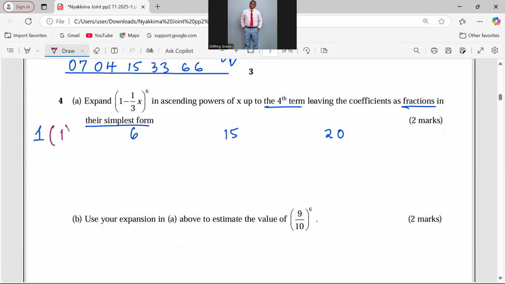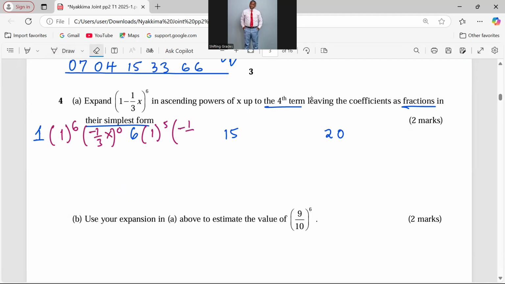So now with this, we can begin our expansions, whereby in the first case, we will have 1 raised to the total power of 6, then negative a third x raised to power 0. But in the next term, which is the second term, 1 takes power 5 and negative a third x takes power 1.